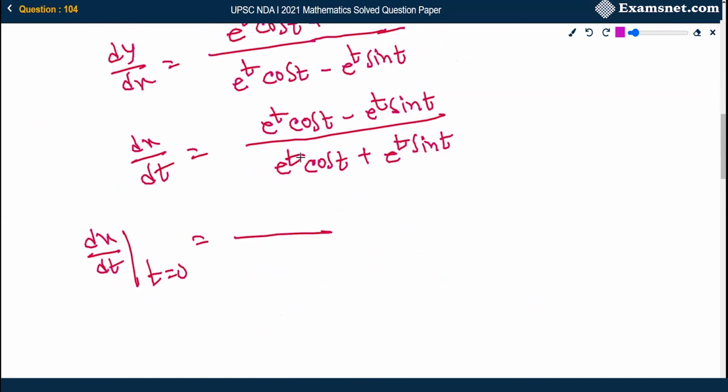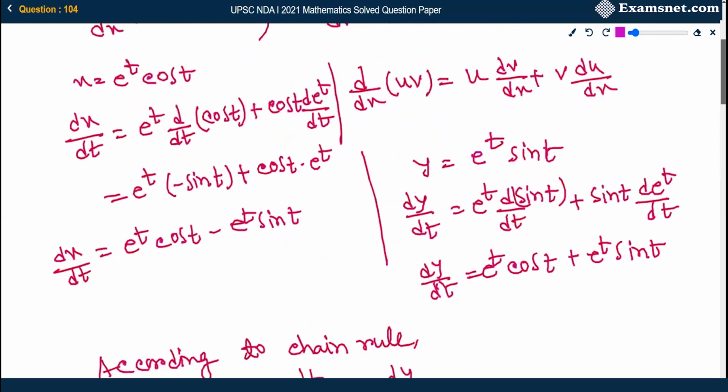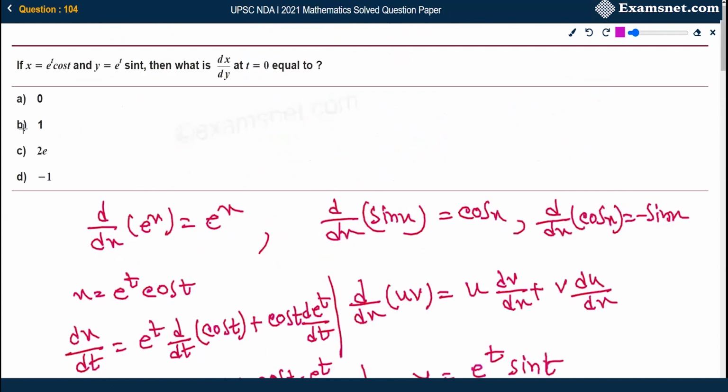So I can write e to the power 0, which will give us the value 1, and cos 0 will also give us 1. But sin 0 will give us the value 0. That means 1 minus 0 by 1 plus 0. So yes, we got the value 1. So option B is the correct one.